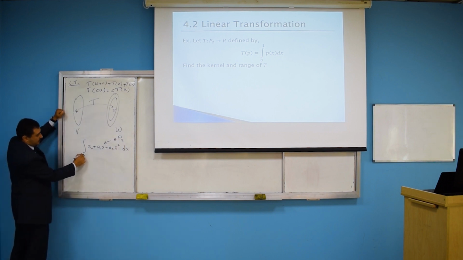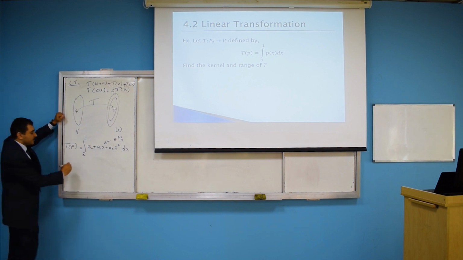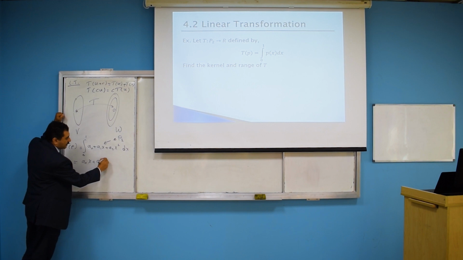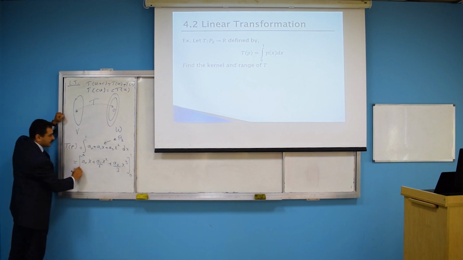And then integrate from 0 to 1. This is the transformation of the polynomial. So if you integrate this, you will get a0x, a1x squared over 2, a2x cubed over 3, and then substitute with your limits.